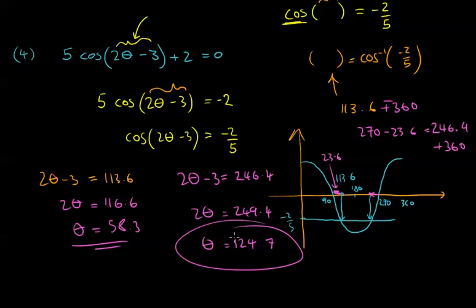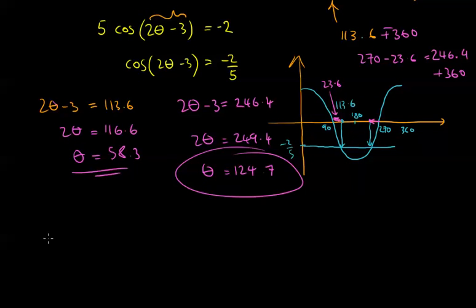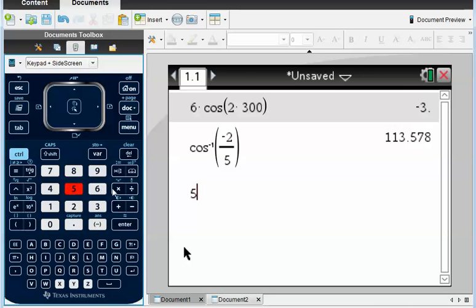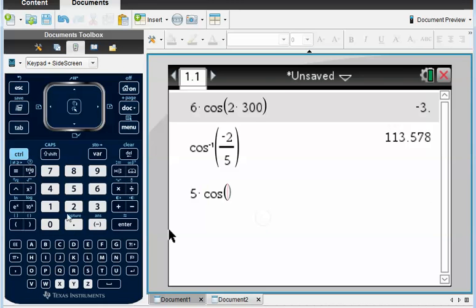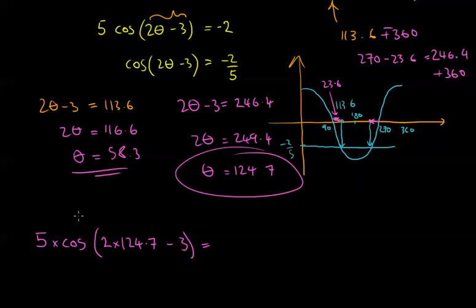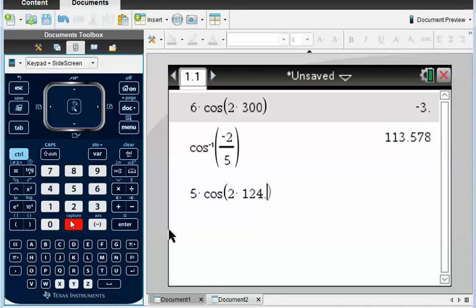Right, now let's check one of the answers. Let's check this answer here in our original function. So let's do 5 times cos bracket 2 lots of 124.7 take away 3, plus 2, and see if we get close to 0.